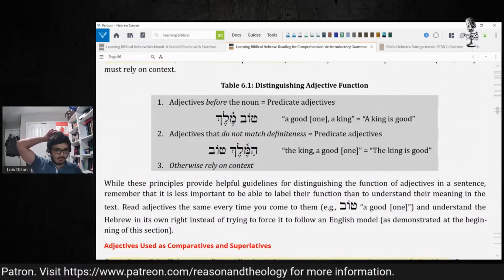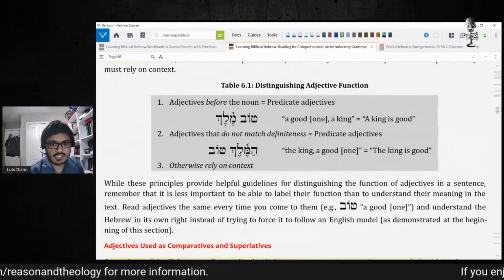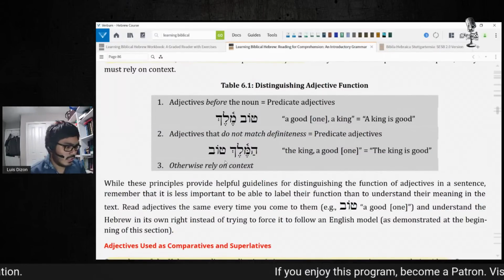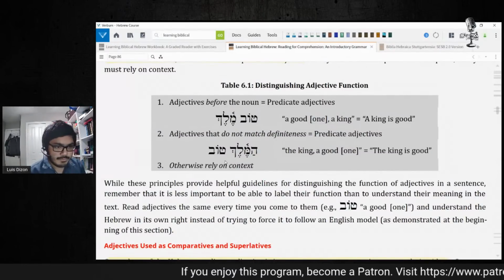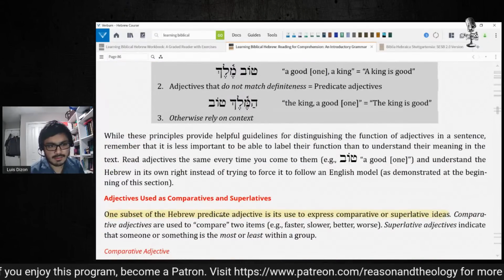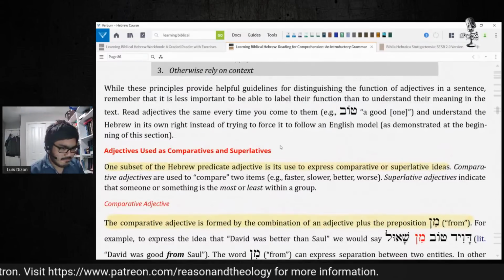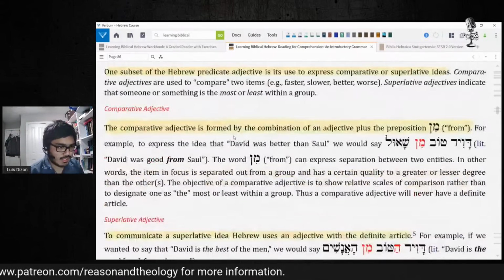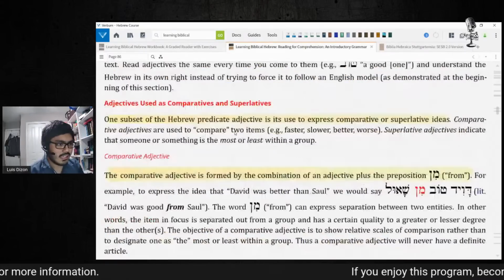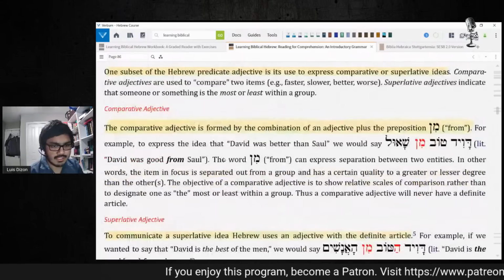This is common in most Semitic languages, and occasionally it comes up in Indo-European languages as well. So, for example, French does a weird thing where some adjectives come before the noun, some come after the noun. But don't worry about that unless you want to learn French, in which case you will need to worry about that. And then we should also learn about superlative and comparative adjectives.